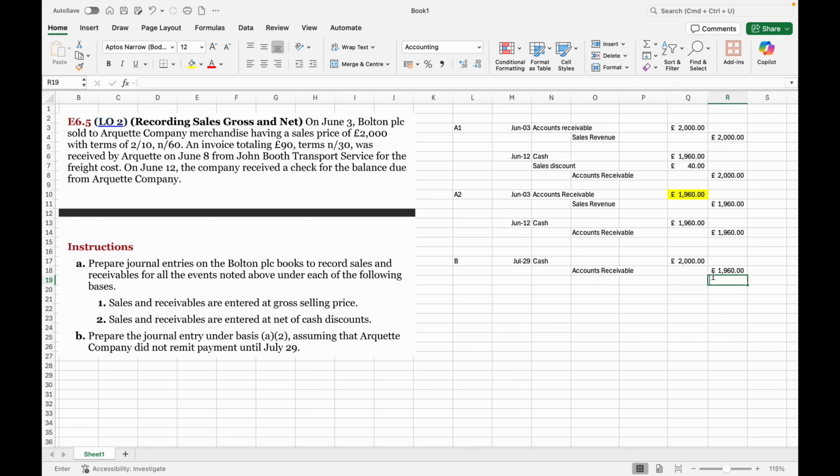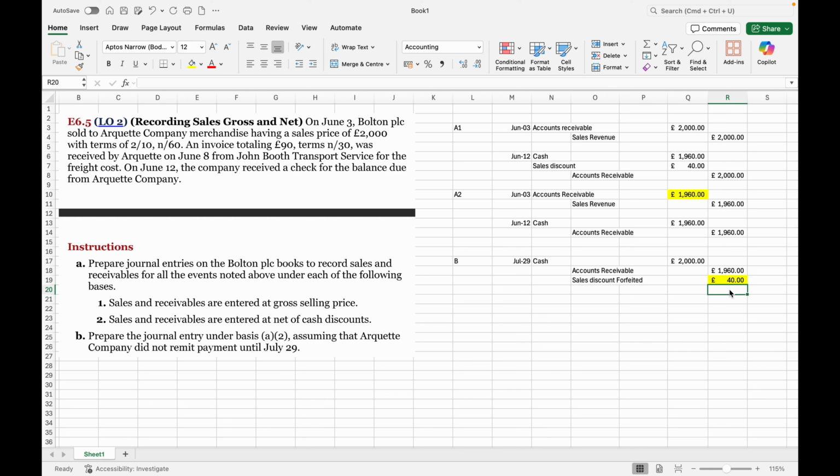However, as you can see, there is a difference, which under this method is called the sales discount forfeited. Which is 40 pounds. And that would simply mean that it's not actually revenue, because initially we offered a 40 pounds discount.